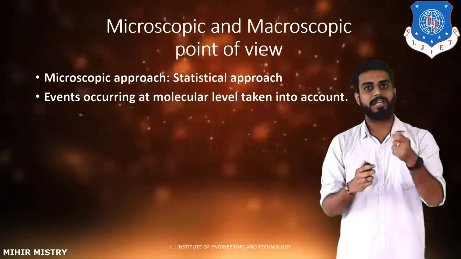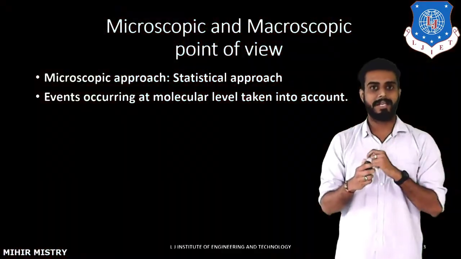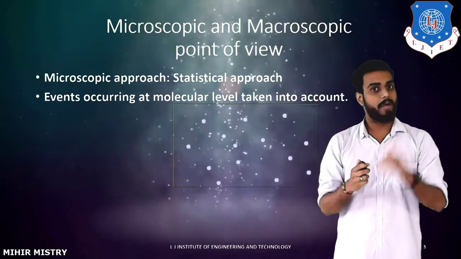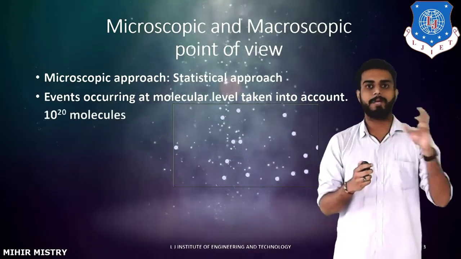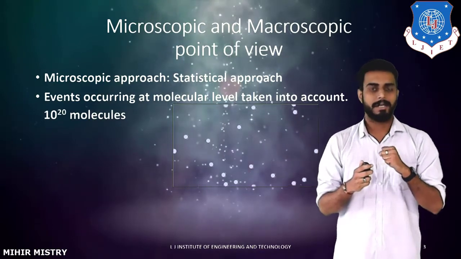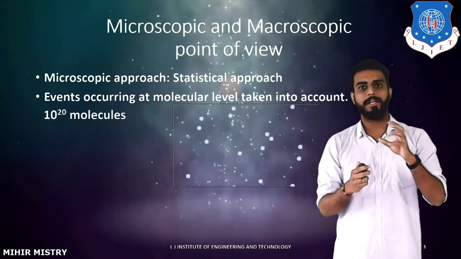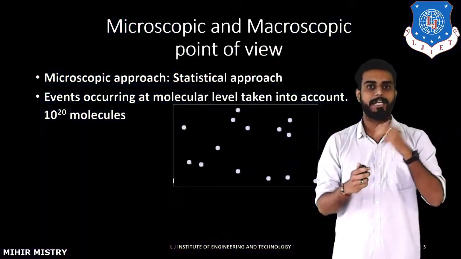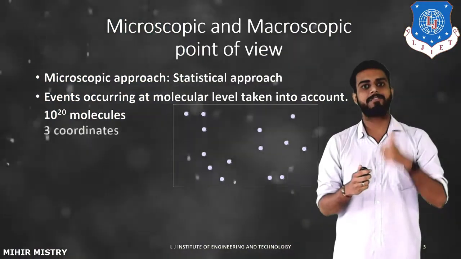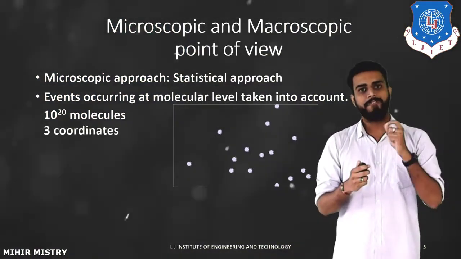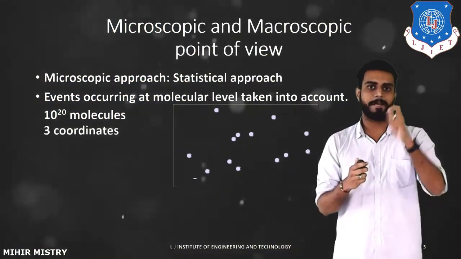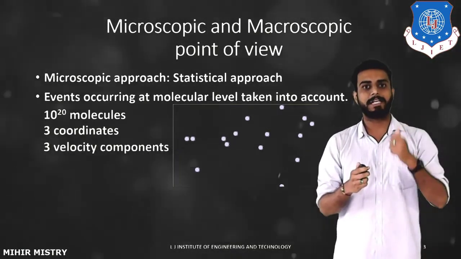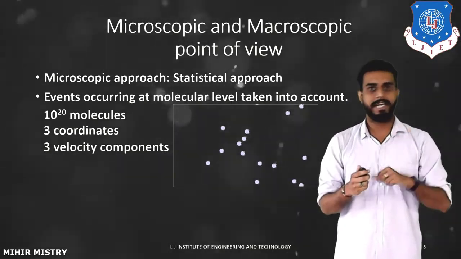Now why is it called the statistical approach? Let us understand that. As you can see on the screen, I have taken certain molecules in the vessel. Let us assume that there are 10 raised to power 20 molecules present here. If I want to define the coordinates or position of any one molecule, I will require three coordinates, that is x, y and z. If I want to define the velocity of that particular molecule, I will require three velocity components in the x, y and z directions.